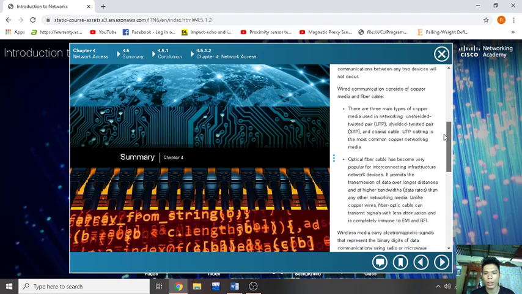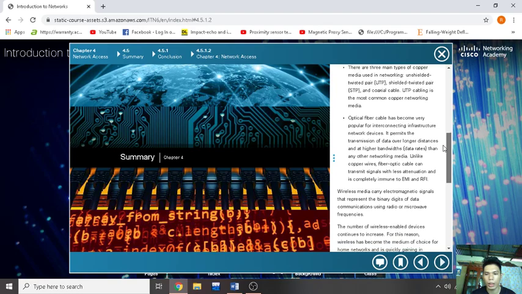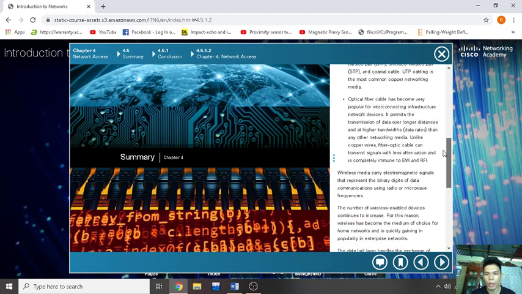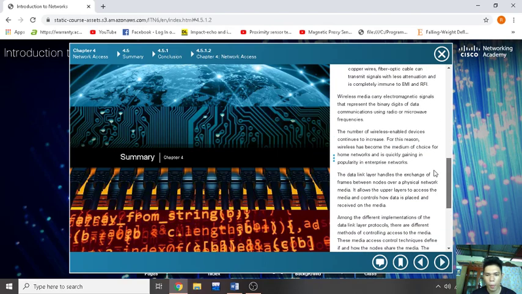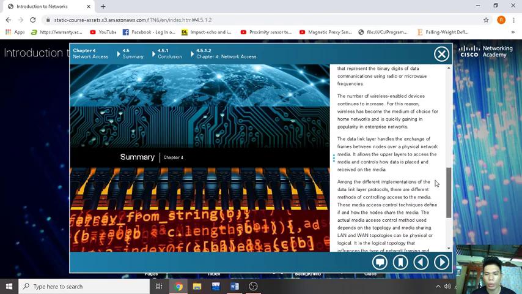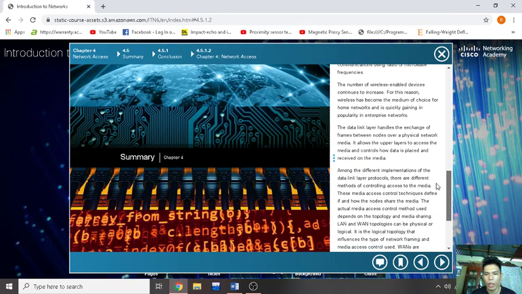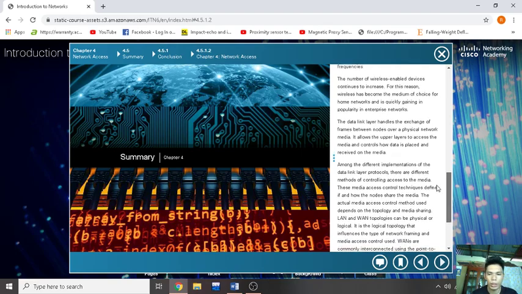So wired communication consists of copper media and fiber cable. We have UTP, STP, and optical fiber cable, which have become very popular for interconnecting network infrastructure devices. The number of wireless enabled devices continues to increase. For this reason, wireless has become the medium of choice for networks and is quickly gaining popularity in enterprise networks.